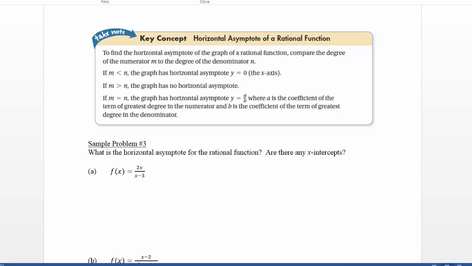If our larger polynomial function is on top, on the numerator, then we're not going to have a horizontal asymptote. And then lastly, if they are the same, then whatever the ratio or the fraction that is created between the a and the b values of the polynomials is going to give us our horizontal asymptote. So we'll use these 3 rules to help us find the horizontal asymptotes.